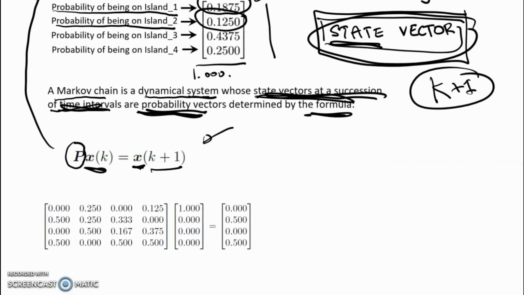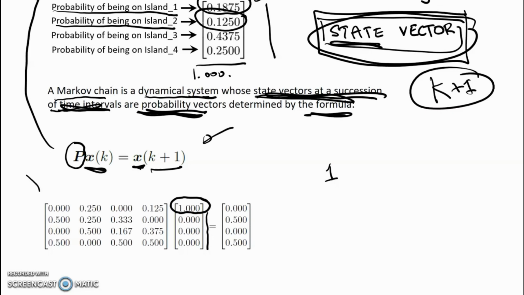So, if we think about our wandering politician, we started our wandering politician out on island number 1. So initially our state vector would look like this. There's a probability of 1.0 that the politician is on island 1, and there's a probability of 0 that the politician would be on any other island.